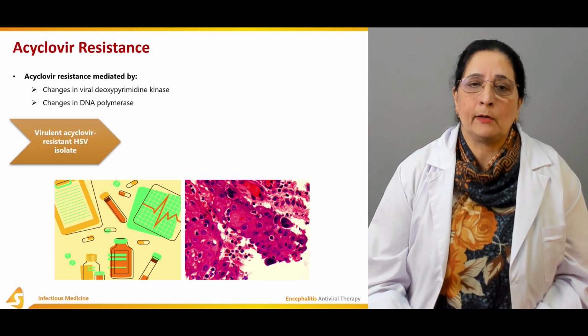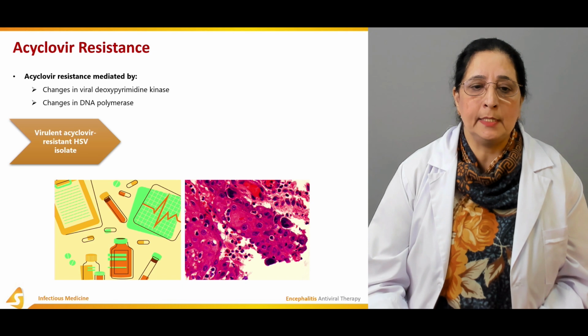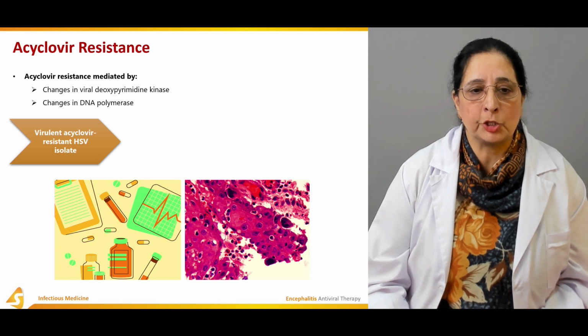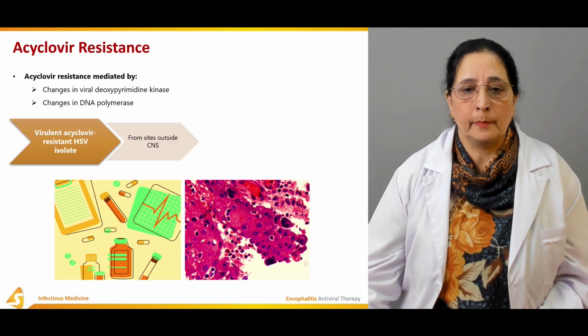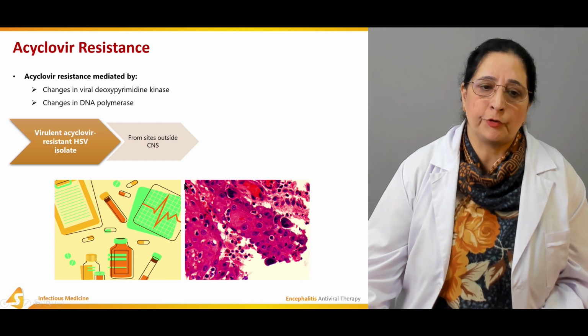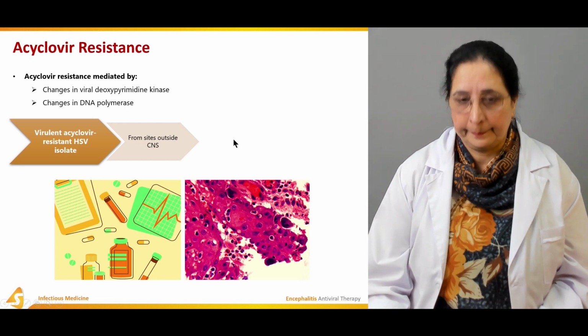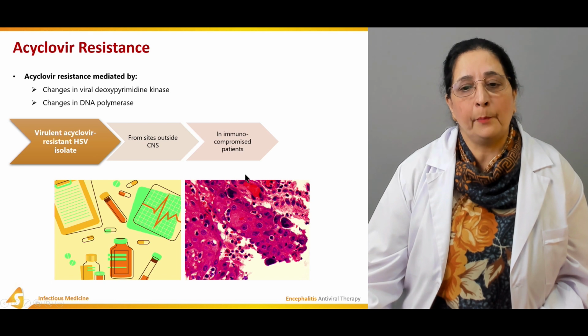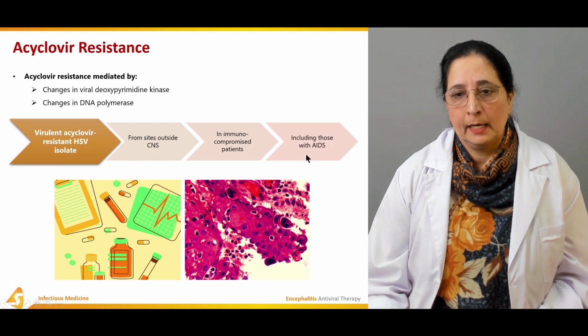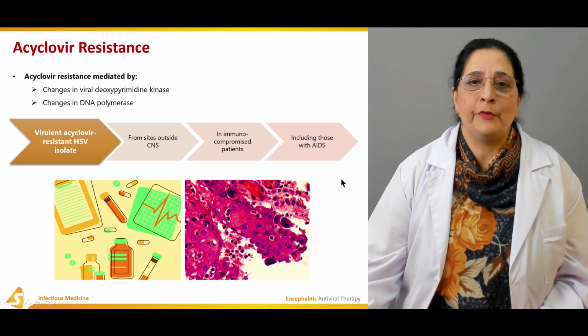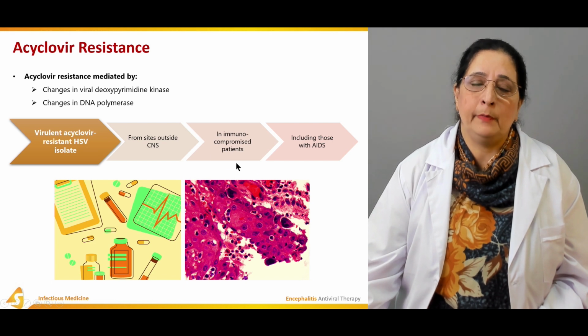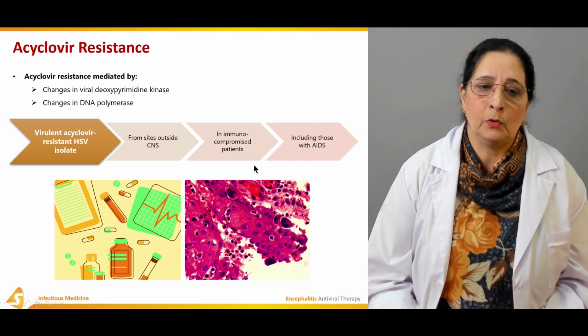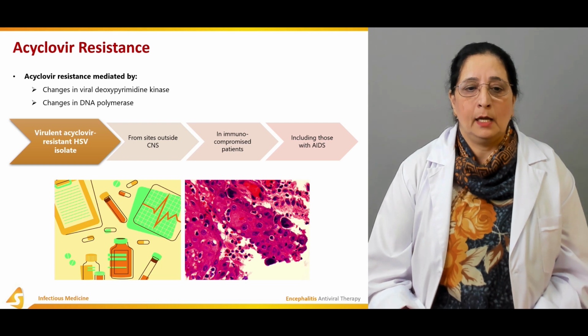Virulent Acyclovir-resistant herpes simplex virus isolates from sites outside the central nervous system occur in immunocompromised patients, including those with AIDS. So AIDS patients are immunocompromised.